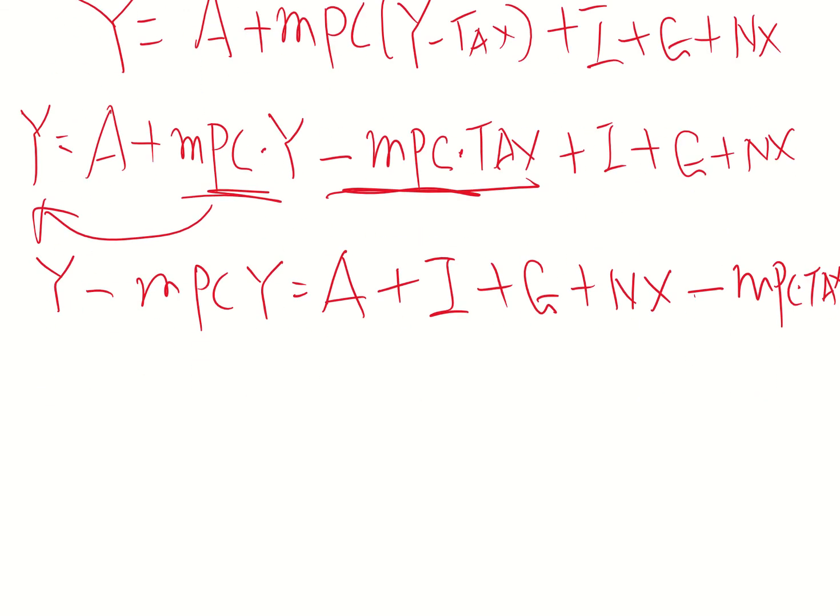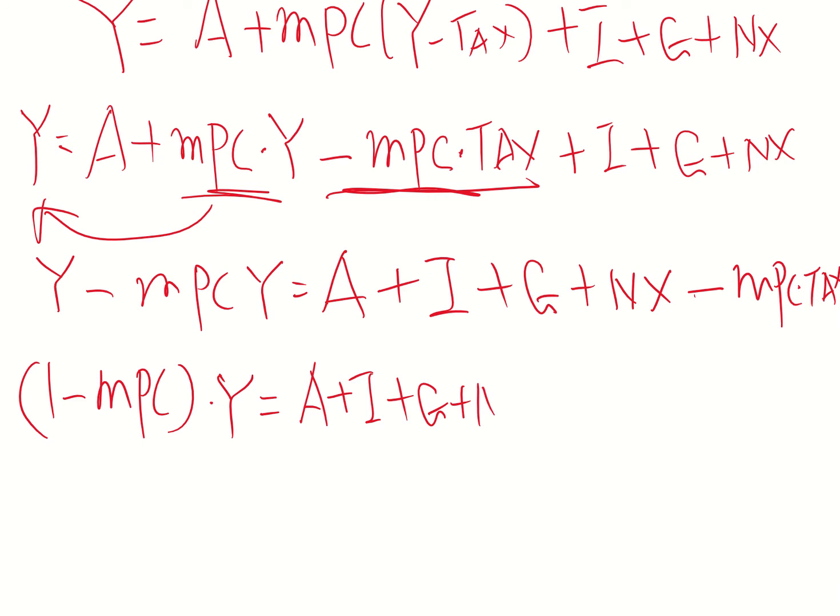All right. Okay, so again, simplified. So this is 1 minus MPC times Y equals the same thing: A plus I plus G plus NX minus MPC times your tax.